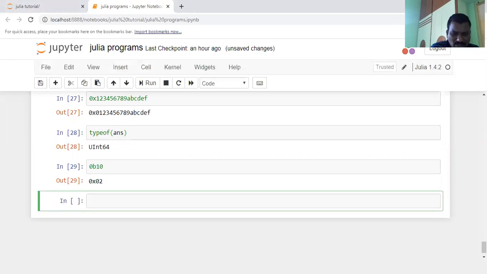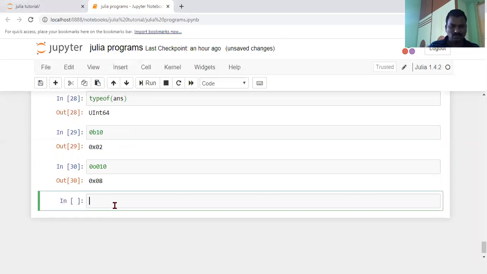For example 0o10, what is the value of the octal number? 0 to 7, then 8 again comes to 0 with a carry, so the value here you consider as 8. The octal number 10 is represented as 8. This may be the conversion for the octal number value.